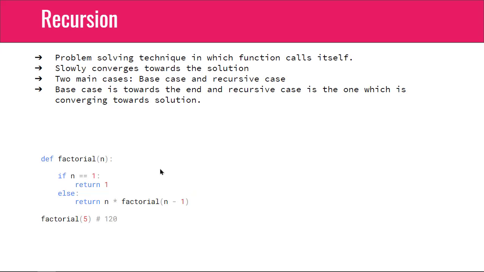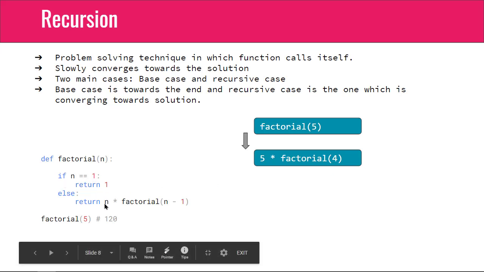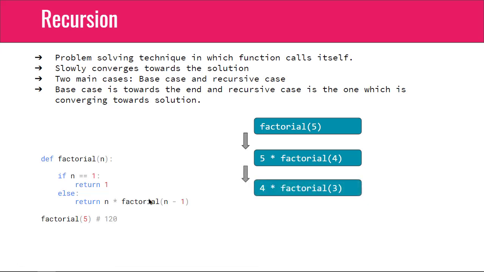Let's take a look at an example control flow. If I ask for factorial of 5, in order to calculate the factorial of 5, I can multiply 5 by factorial of 4. Now again, this number 4 is not equal to 1, so it will return 4 multiplied by factorial of 3.